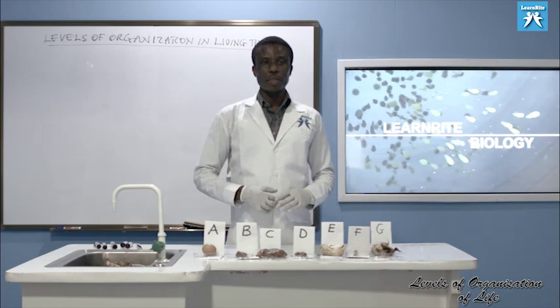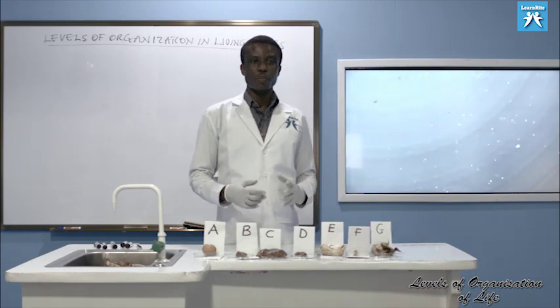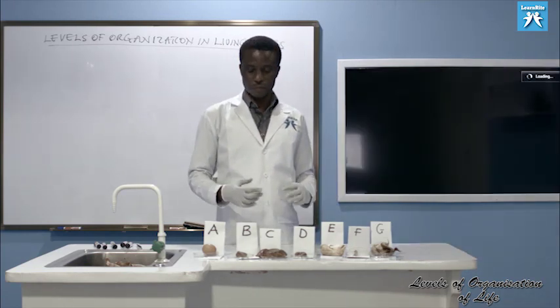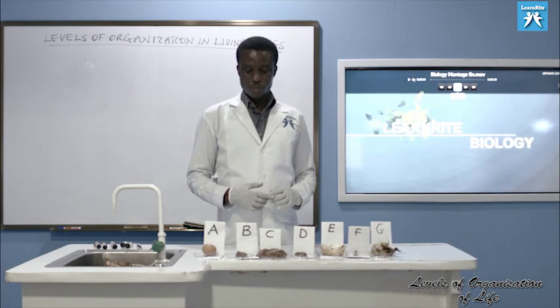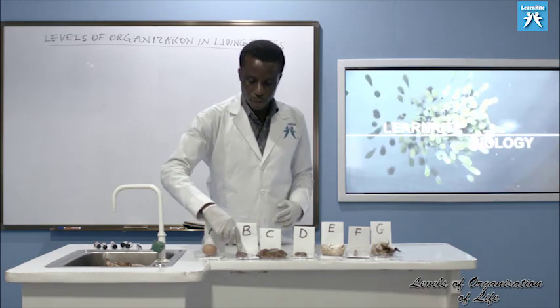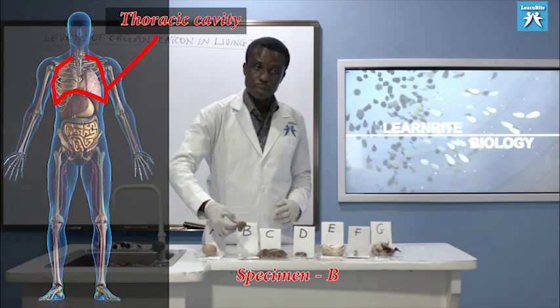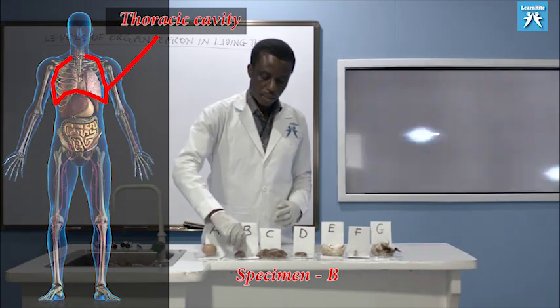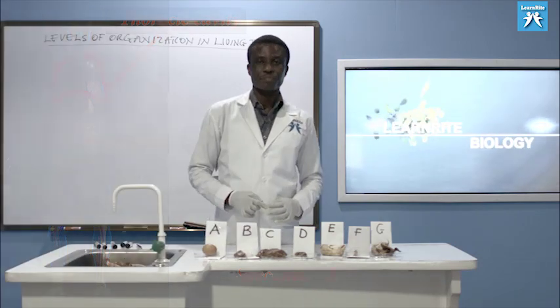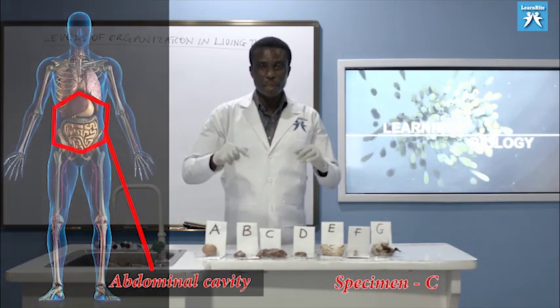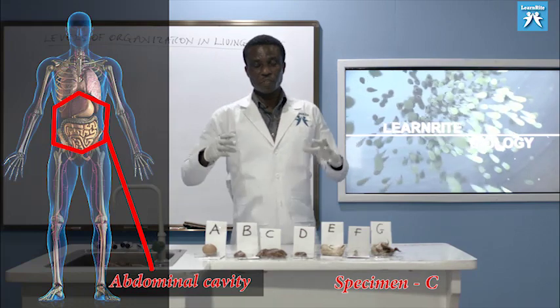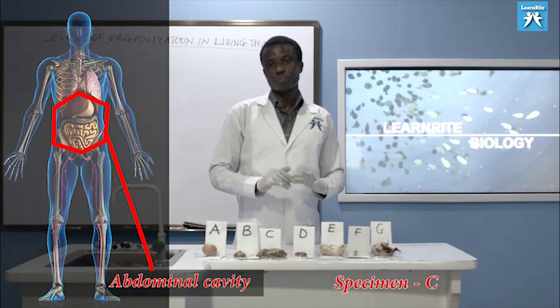Name the part of the organism from which each of specimens B, C, D, E, and F is found. Where is B found? The lung is found in the thoracic cavity. C is found in the abdominal cavity, specifically attached to the duodenum.